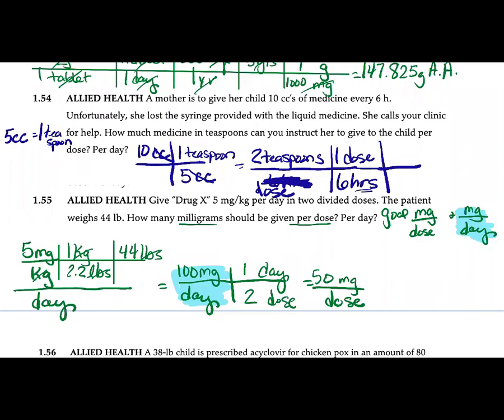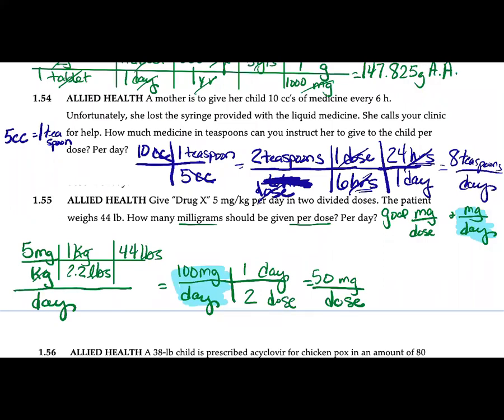So now I have hours down here. So I know that I have 24 hours in one day. So that gets me the day I want. I can cancel out hours, right? And so now my doses cancel. 2 times 24 divided by 6, I should get 8 teaspoons per day.